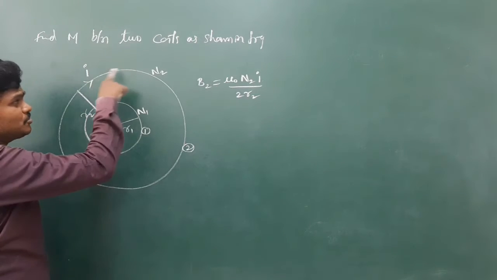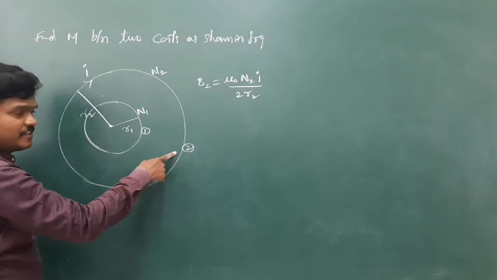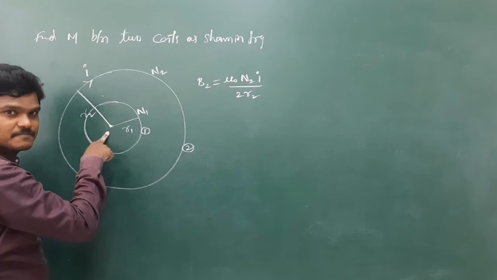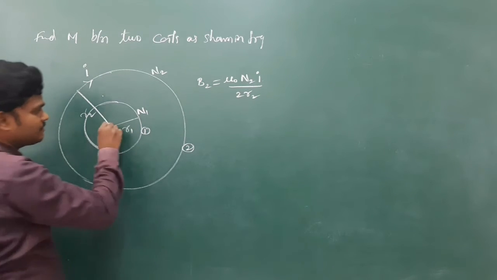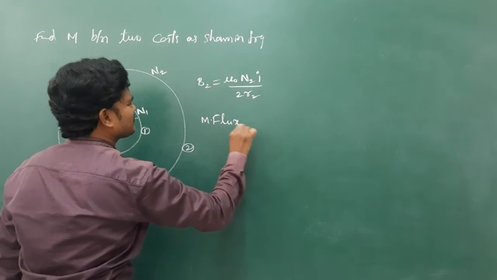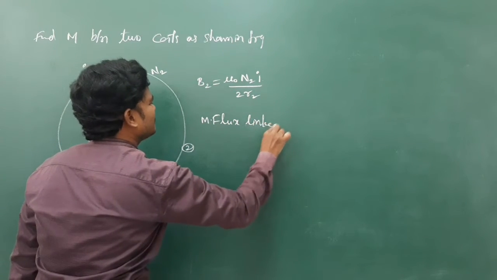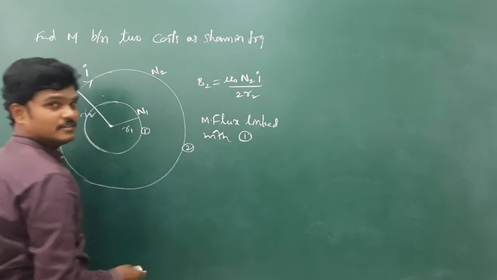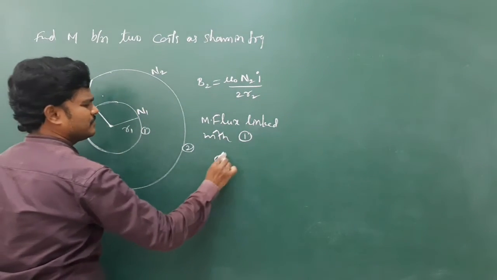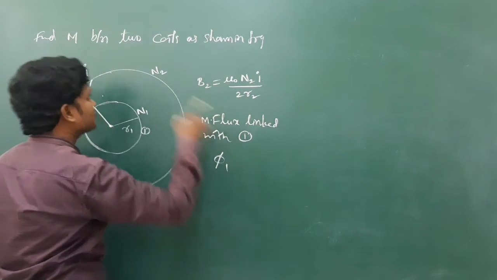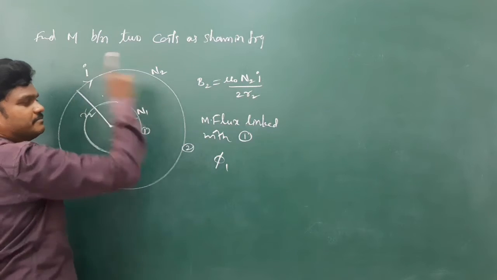And see, due to this magnetic field, the magnetic flux linked with coil 1 changes. This flux linked with coil 1 is phi 1, and no doubt phi 1 is proportional to I2.